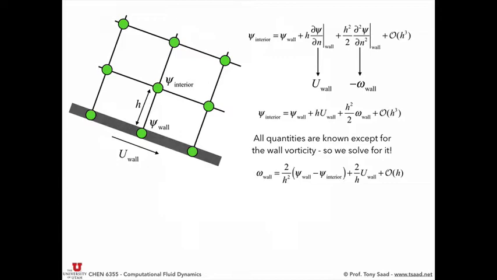Now pay close attention to the sign of this term. If you're on an x minus or x plus, y minus or y plus, you may have a negative sign here. I'll show you in a second. Now, is there a problem with this approximation?